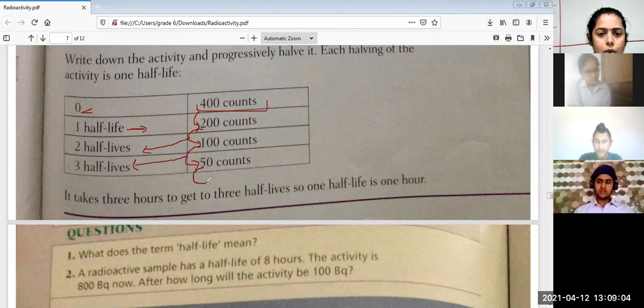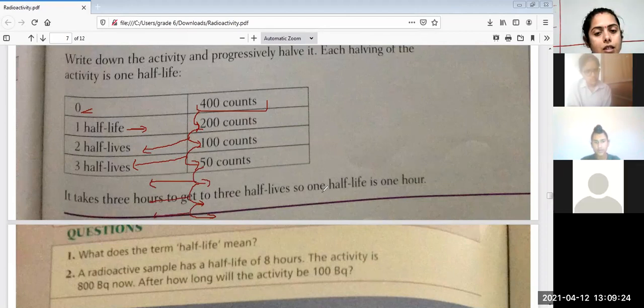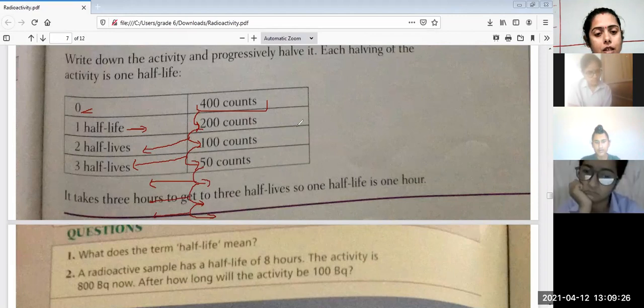50 will go to 25. 25 will go to 12.5. Fine. What will come next after 12.5? 6.25. Then half, then half, then half. Same way, your half-lives will increase. And the more the half-life increases, the weaker the reaction becomes, and the radiation keeps decreasing.